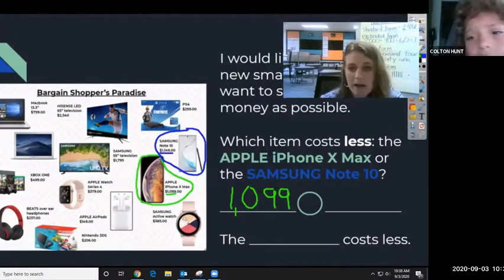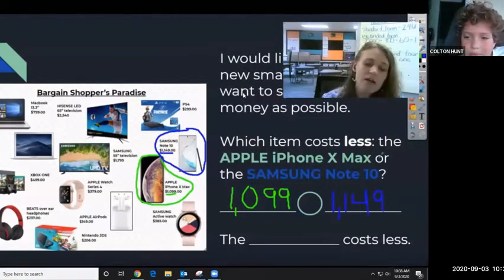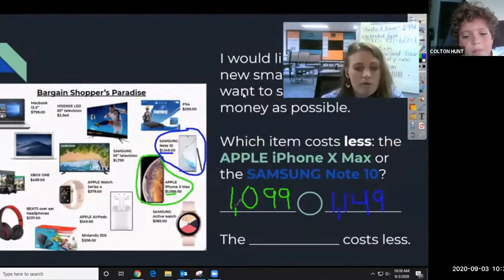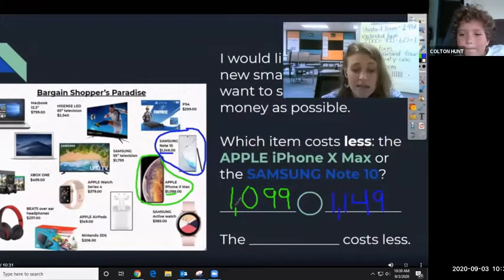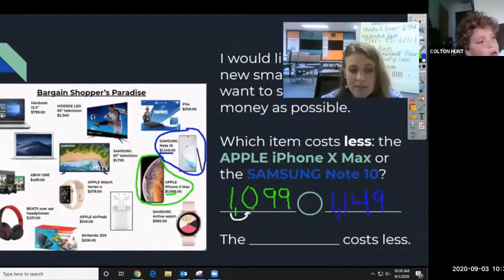So I have $1,099 and the Samsung Note costs $1,149. So I'm going to take a look at my prices. Both of these items have a value of $1,000 at least. There's a 1 in the thousands place. So I have to go look at my next place value, which is the hundreds.